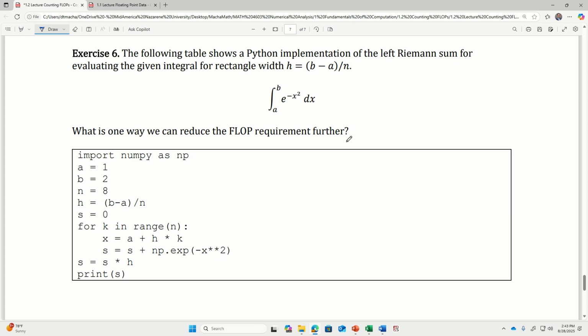Could you take the a plus h times k out of the for loop too? Yeah. Yep, I think so.